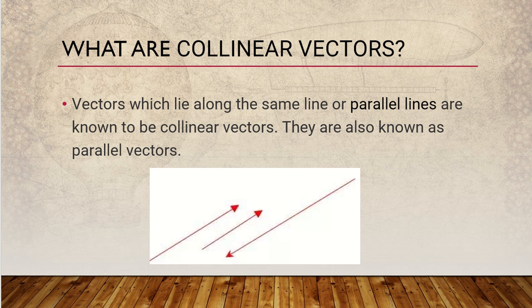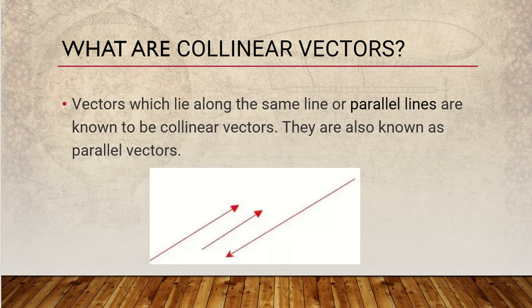For example, there are two houses parallel to each other, then we call them collinear houses. Similarly, if there are two vectors parallel to each other, then we call them collinear vectors. Collinear means existing parallel to each other.